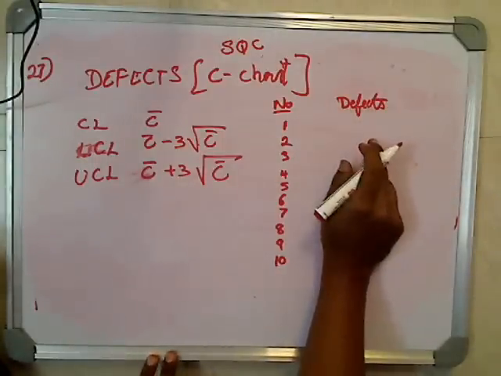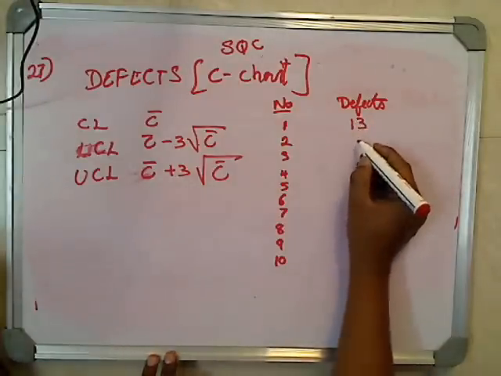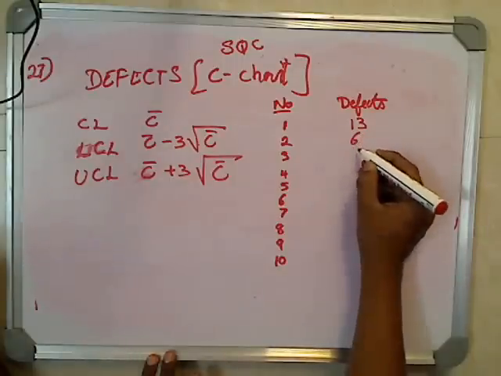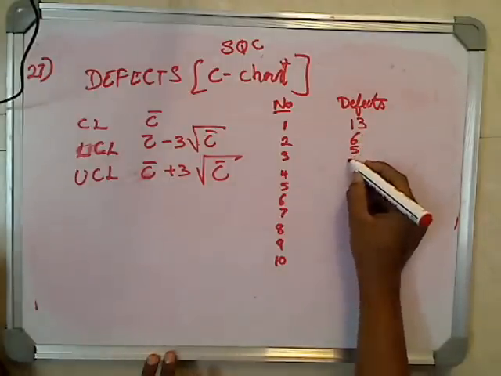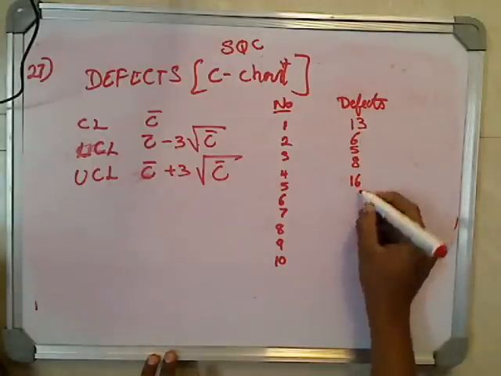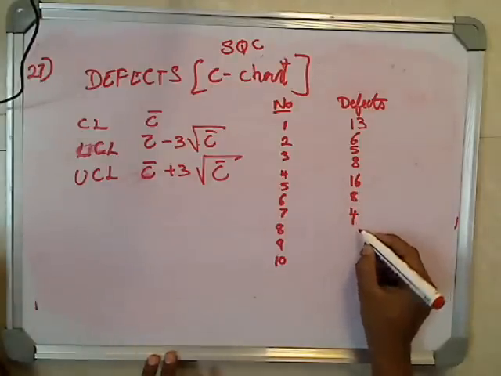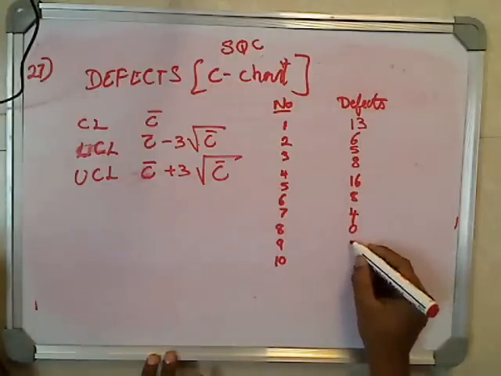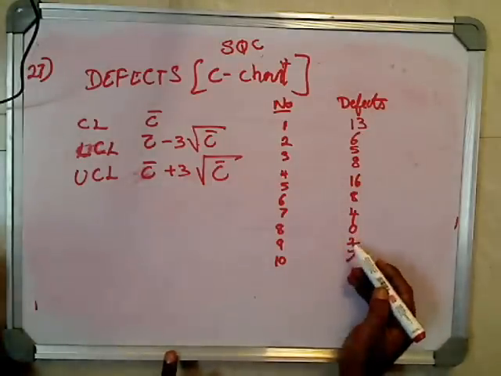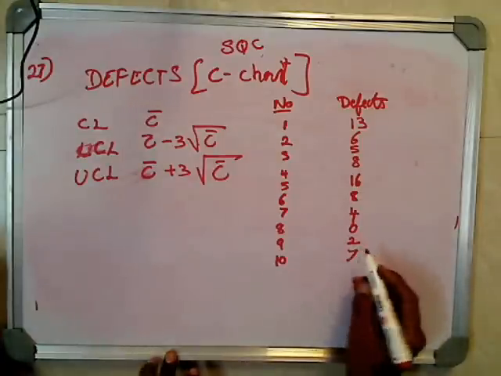I find it a little difficult to believe that a chassis has got 13 defects. This must be an American car manufacturer to make so many defects in the products that they've been making. 8, 16, 8, 4, 0, 2, and 7. I'm assuming the chassis with 0 defects is either Korean or Japanese, and the rest all happen to be American.